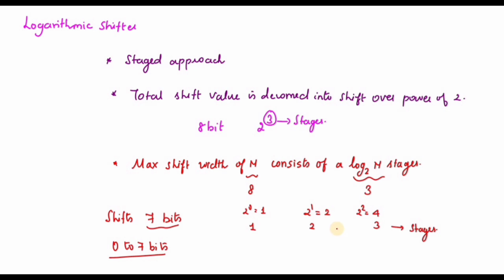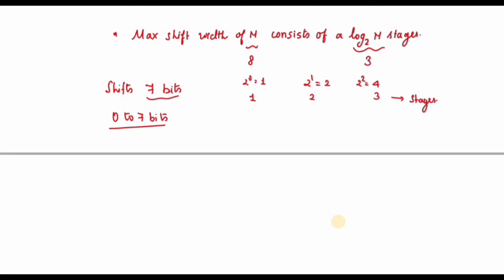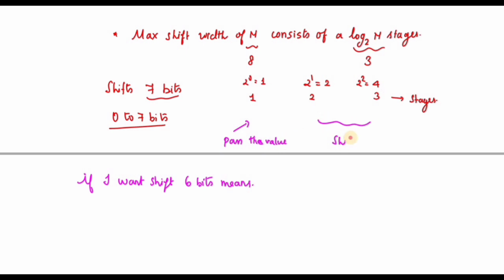Suppose I want to shift 6 bits: the first stage simply passes the value, and the other two are in shift mode.